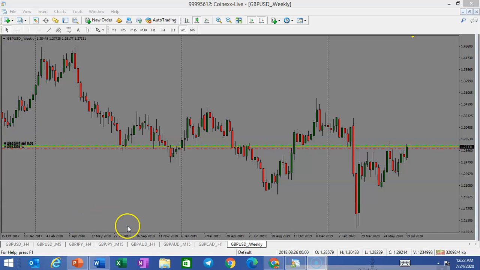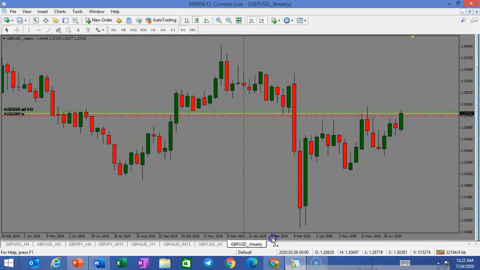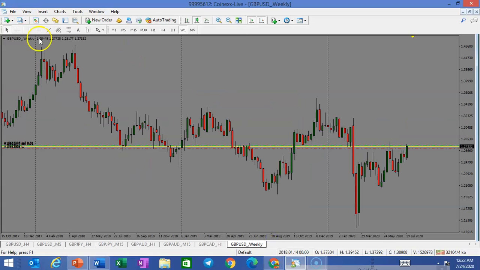So the first thing that I would do when approaching this pair is look at the weekly and look for a trend. Right away, I see this descending trend. Whenever I draw trend lines, I never count the active candle. So this is this week's candle right here.